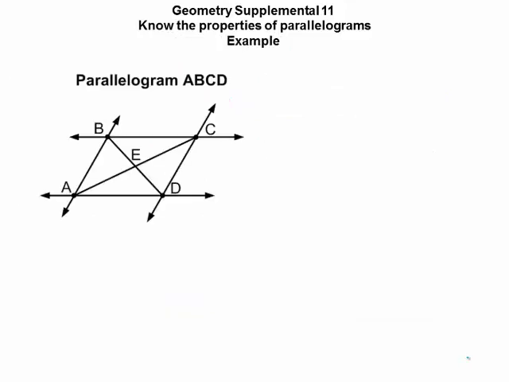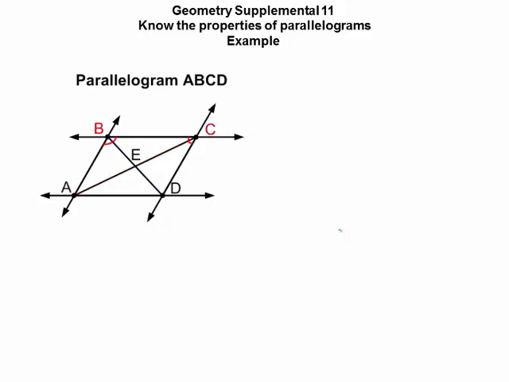So let's talk about parallelogram ABCD, with E as the center of the diagonals. We have parallel lines. We have congruent opposite angles.